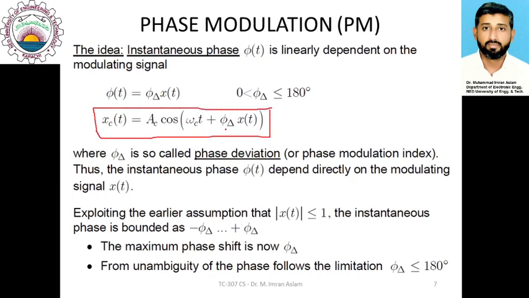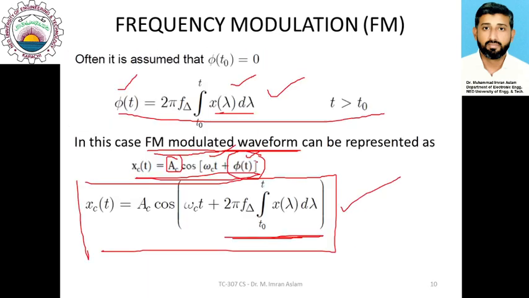For the phase modulated signal, this phi t can be represented by phi delta x t, whereas in the FM signal this phase can be represented as 2 pi f delta integral of x t. So for the FM signal, you need to integrate the message signal to get the frequency modulation.